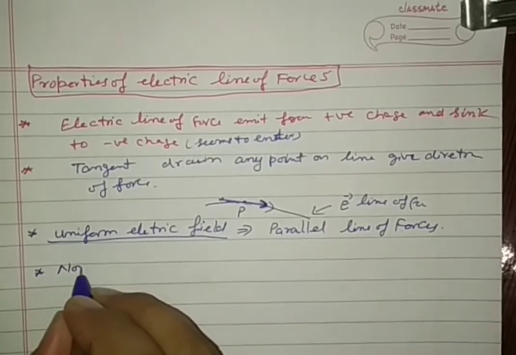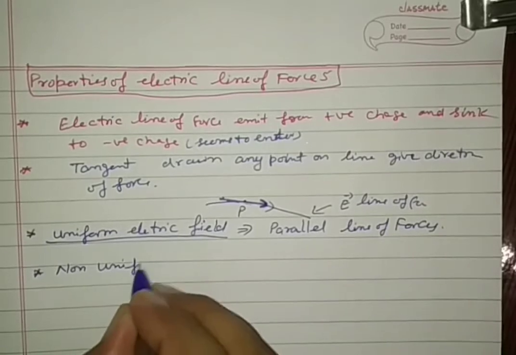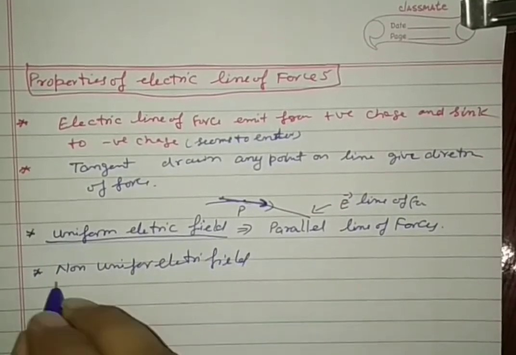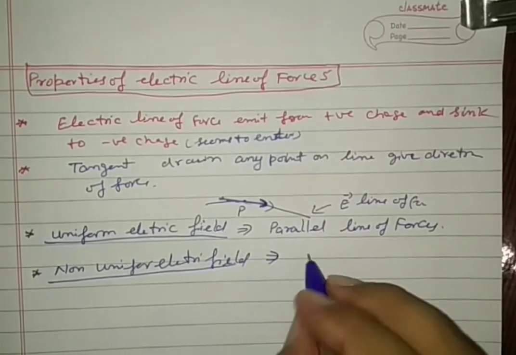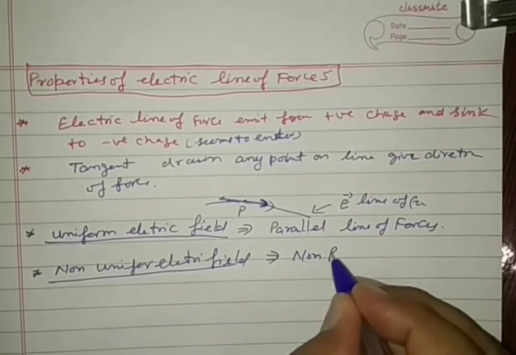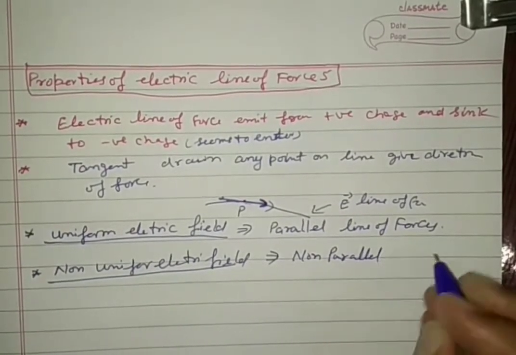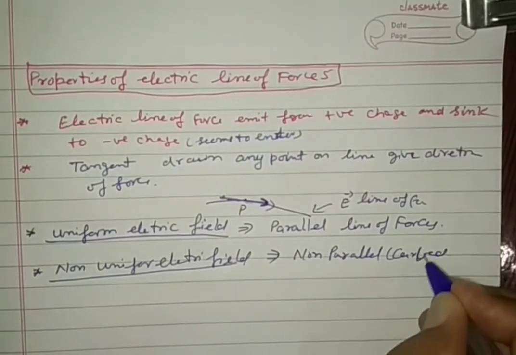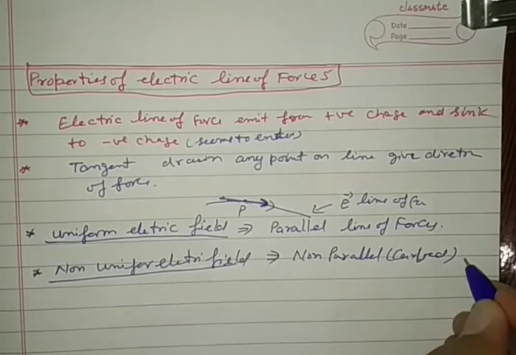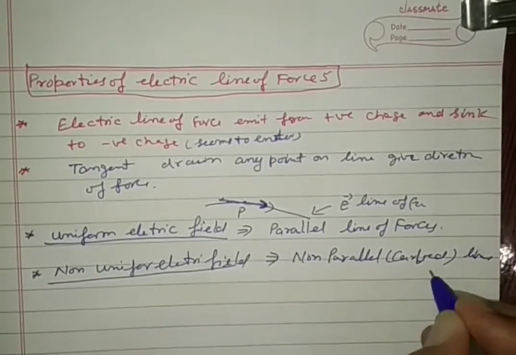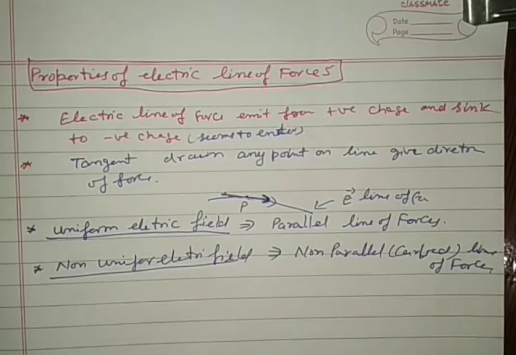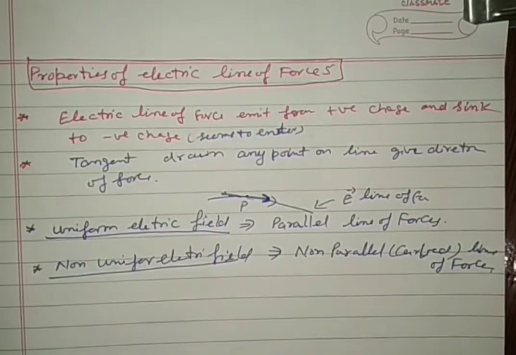Similarly, non-uniform electric field means non-parallel. Non-parallel means curved line of forces. Right? So these two concepts keep in mind.